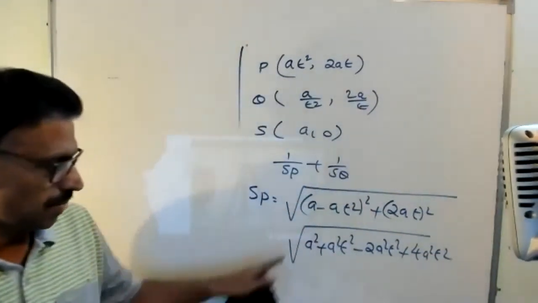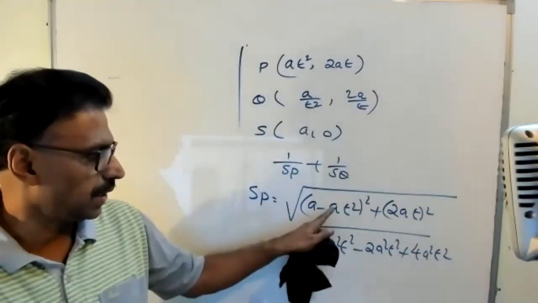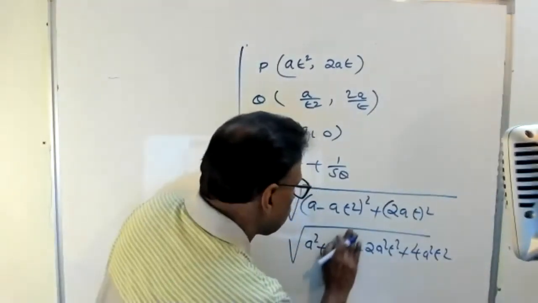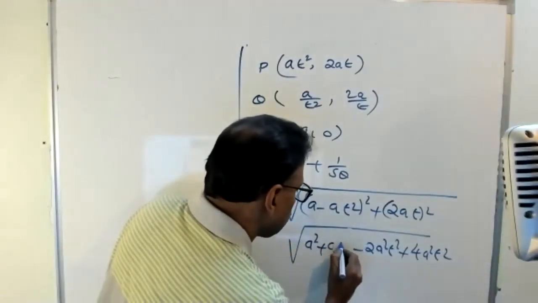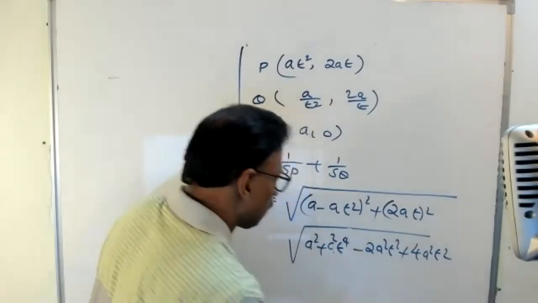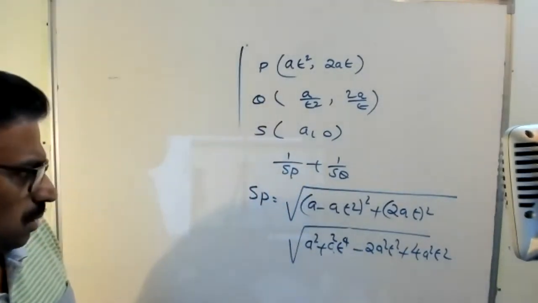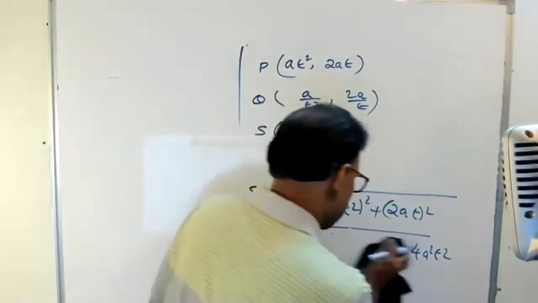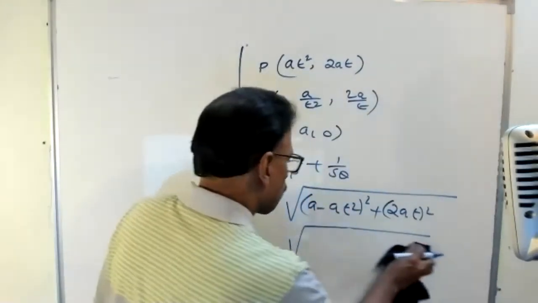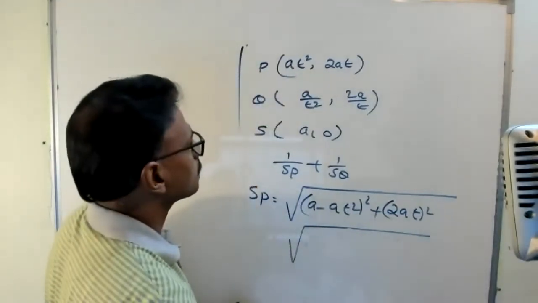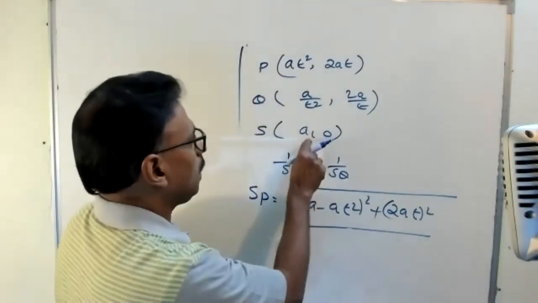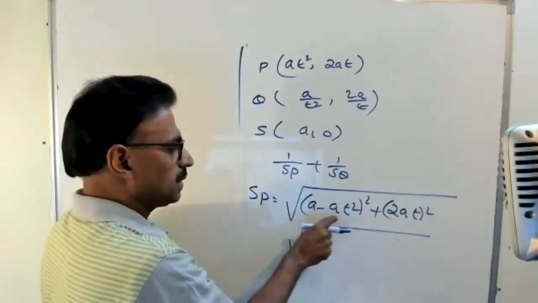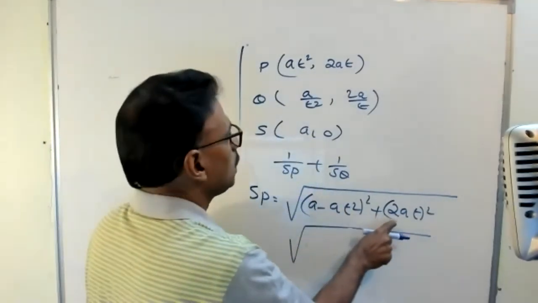Correct? No, wait. A into a minus a t square whole square plus 2a t square.